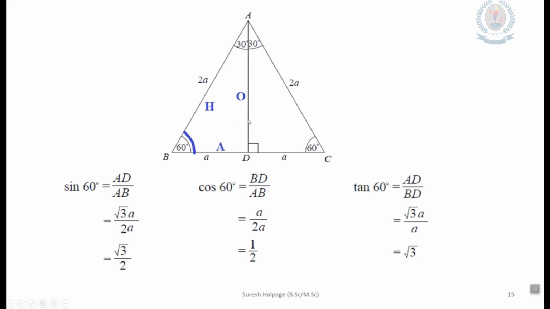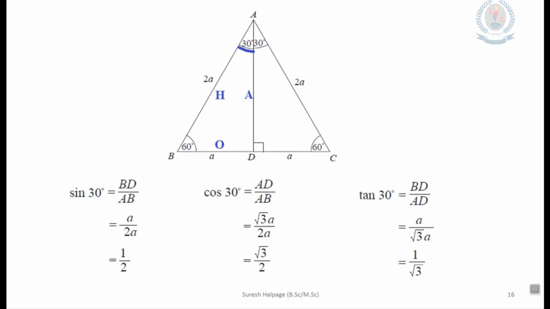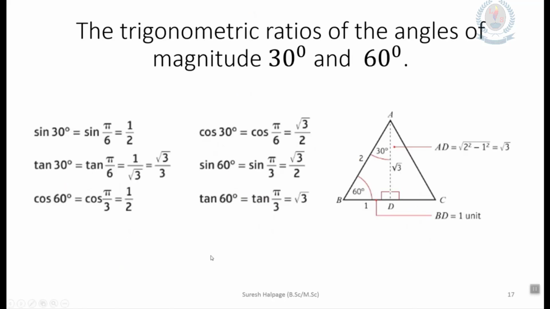Opposite side root 3a, adjacent side a, can cancel a, and tan 60 is equal to root 3. So if you want, you can put in radians mode. 30 degrees is equal to pi divided by 6 radians. 60 degrees is equal to pi divided by 3 radians.